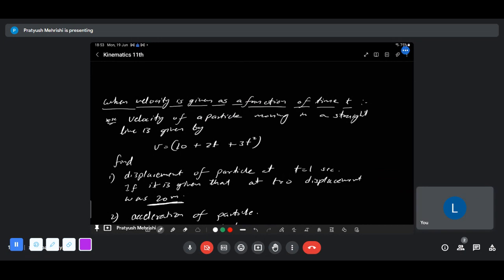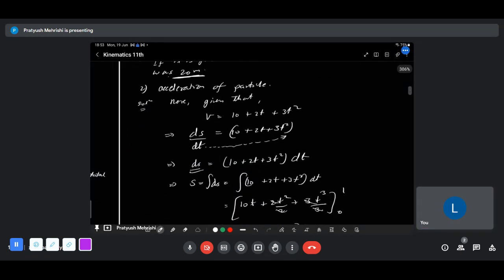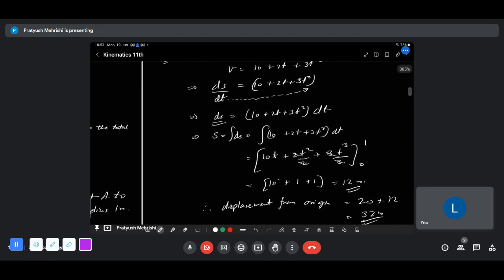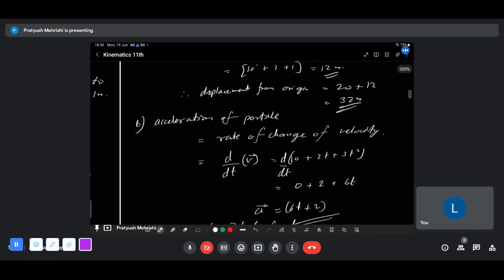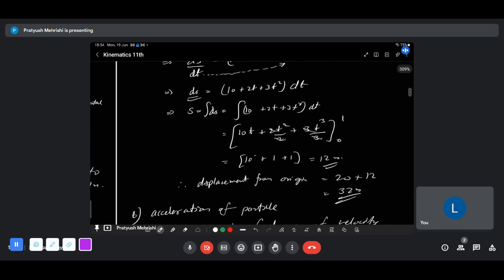For acceleration, we have to differentiate velocity. The second part is acceleration of the particle, and for acceleration, we have to differentiate. So, can you calculate it now? Fine. So, when we differentiate it, we will get the acceleration, and when we integrate it, we will get the displacement.